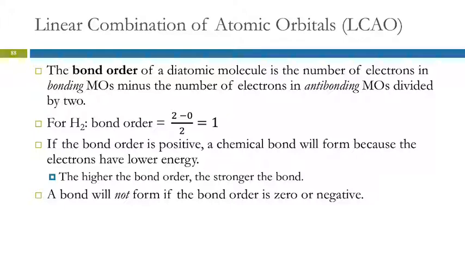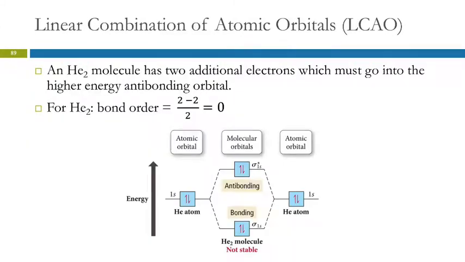If you get a negative bond order, the bond will not form, because putting this combination together increases the energy of the system, and that's just not going to happen. So if the bond order is positive, the bond will happen, and the larger the bond order, the stronger the bond is. A bond order of 0 also results in no bond because there's no benefit.